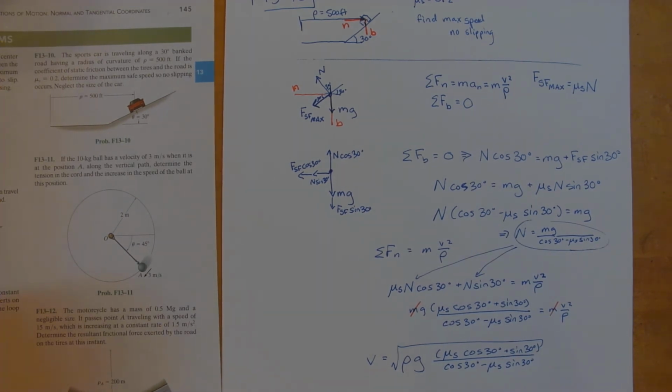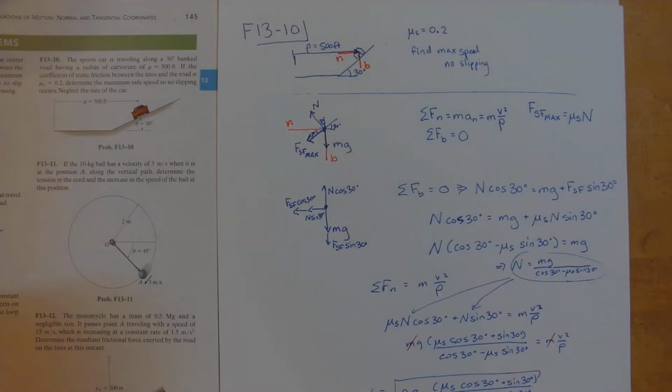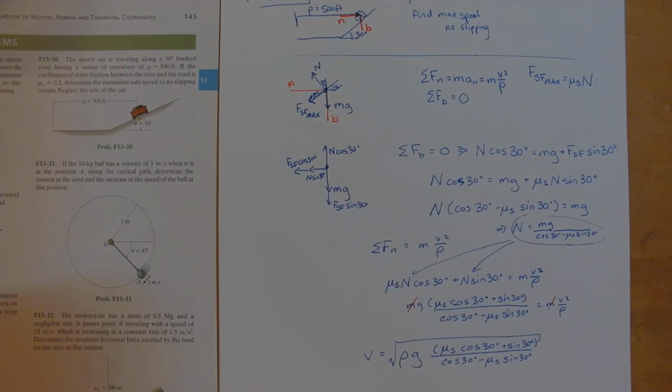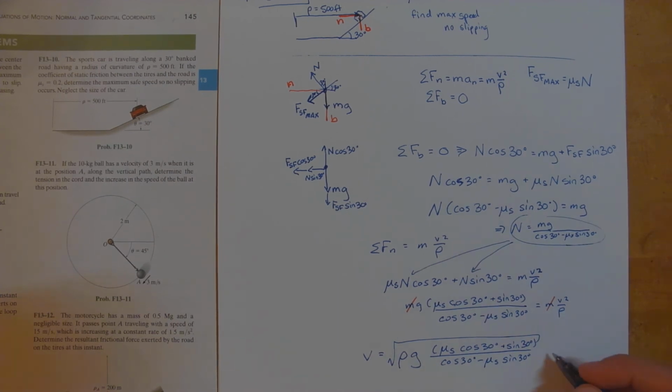And then I can plug in the coefficient of static friction, which is 0.2, and I can plug in rho, which is 500 feet, and g is 32 feet per second squared. And I will let you have the fun of plugging that in on your own, but you should get for that 119 feet per second for the maximum speed.